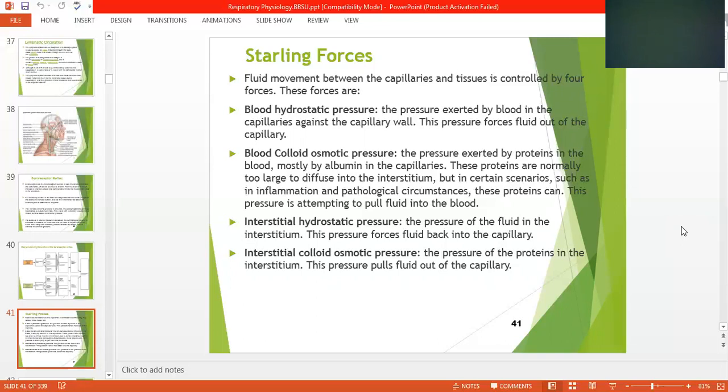If there is certain damage happening over there, some infection or something like that, and the protein in the interstitium is more than the pressure of the protein in the blood, this pressure pulls fluid out of the capillaries. It means it will take the fluid from the capillaries and deposit it into the interstitium, and we call it edema.